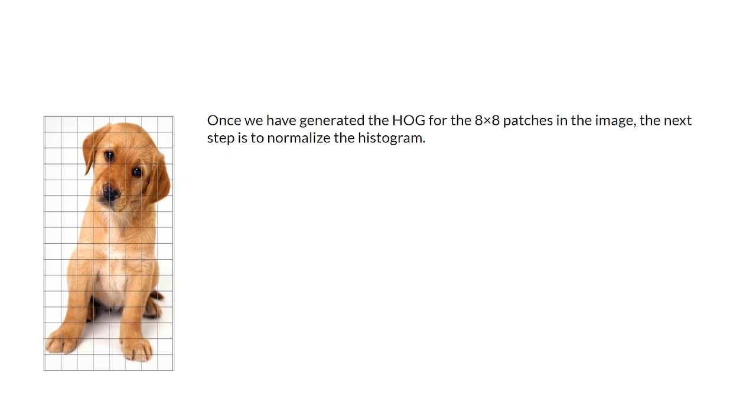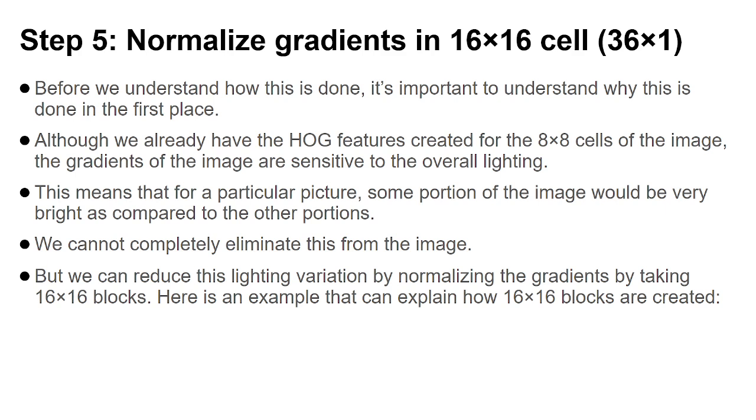Once we have generated this HOG for the 8 by 8 patches in the image, the next step is to normalize the histogram. Next is to normalize the gradient in the 16 by 16 cell. Before we understand how this is done, it's important to understand why it is done in the first place.